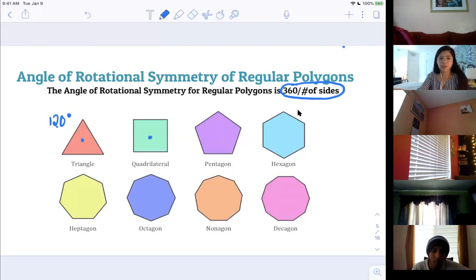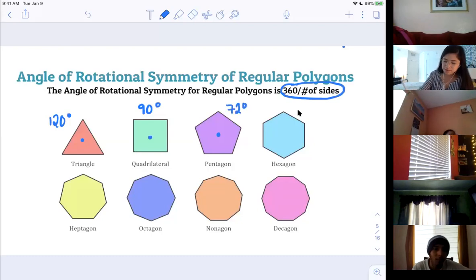What about a quadrilateral, a square? 90. 90 degrees, precisely. Pentagon, 360 divided by 5. I'm going to use the calculator for this one. Use your calculators. Let's go, everybody, right now. 72. 72 degrees, good. Keep it going.